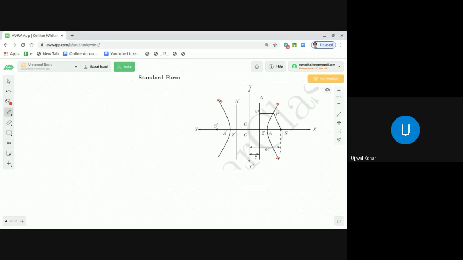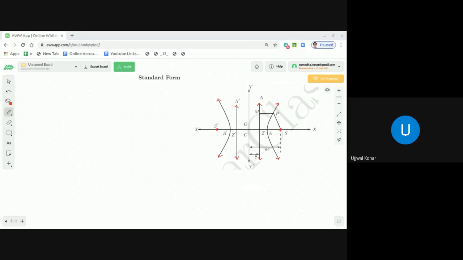As I'm making an arrow, this is actually the hyperbola, and this is one focus, and this is another one. So there are two foci, and there are directrices. This is one, and that is one. We are going to discuss all these things now.